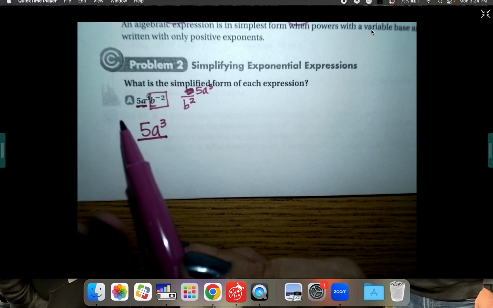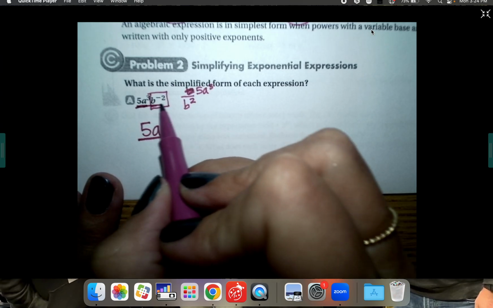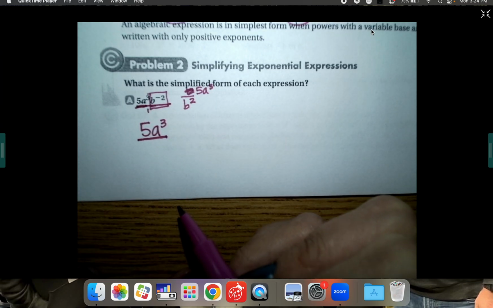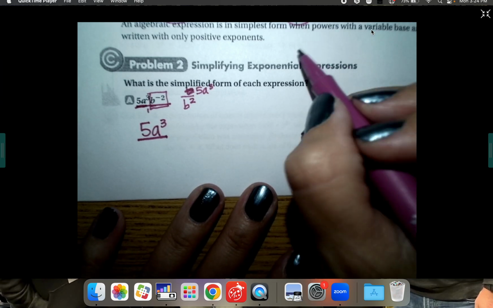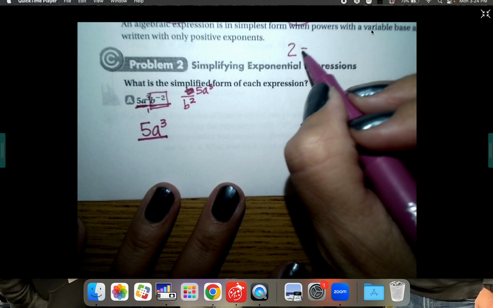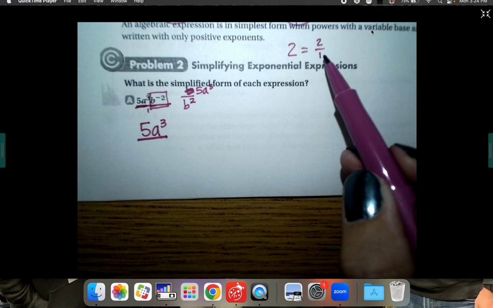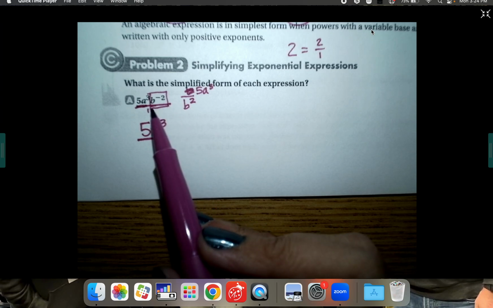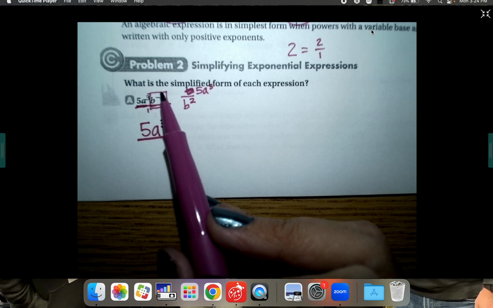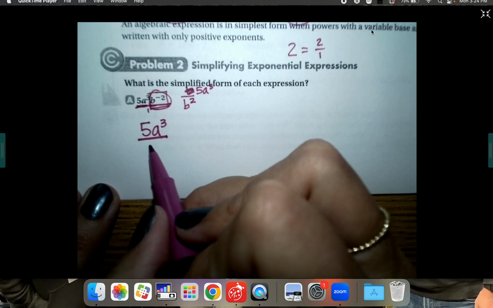So we are going to leave 5a to the third in the numerator, because technically this is all over a hidden invisible 1. If you told me, for example, 2 is the same thing as 2 over 1. So any term can be written as itself over 1. So technically this whole term had a hidden invisible 1 on the bottom, but now we're going to take this b to the negative 2 and put it on the bottom.